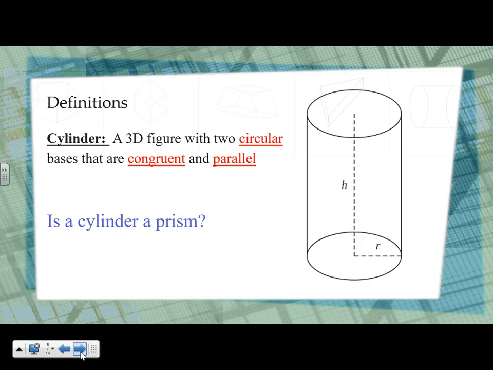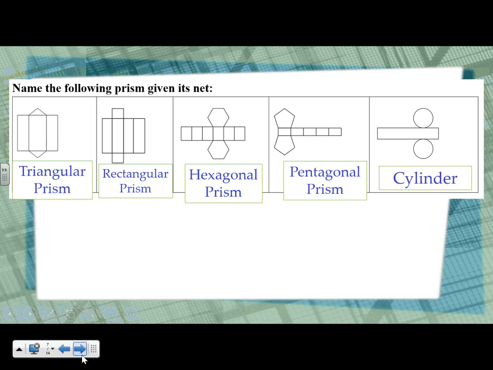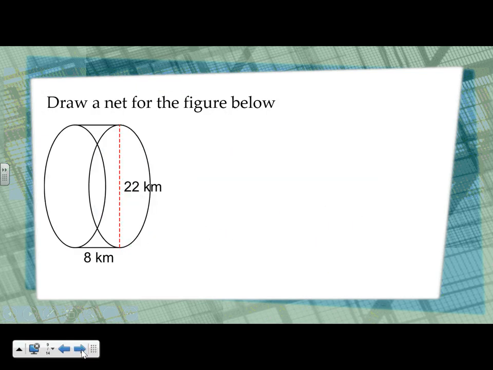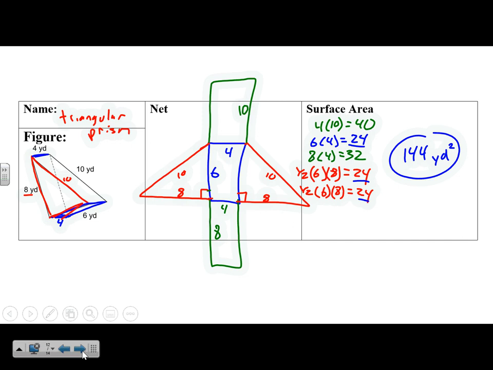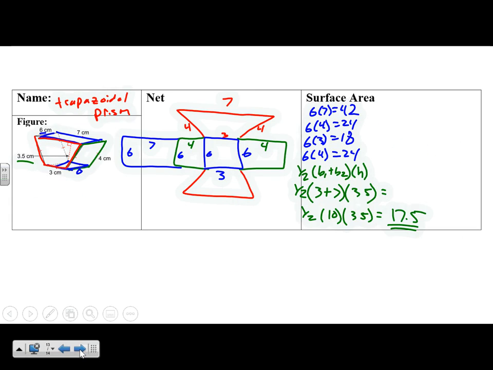So since they're congruent bases, then if you find one of the bases, the other base has to be the exact same. So just make sure you remember that. So we found one base is 17.5, so the other base is also 17.5. So we add these together, 42, 24, 18, 24, 17.5, 17.5. So 42 plus 24 plus 18 plus 24 plus 17.5 plus 17.5 is 143.